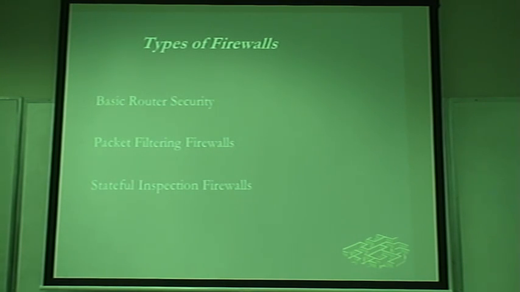Well, what the router will do is it will build a table so that 192.168.0.129 is going to get assigned a higher level TCP port number. Okay?